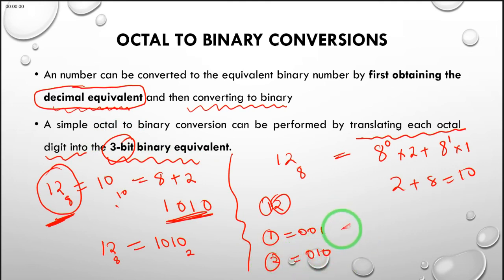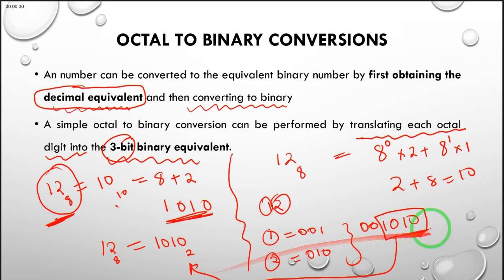Therefore, you arrange them following one another, with the most significant one on the left. So you have 001 followed by 010, which, as you can see, is the same as we got right here. So we say that 12 in octal is equivalent to 1010 in binary.